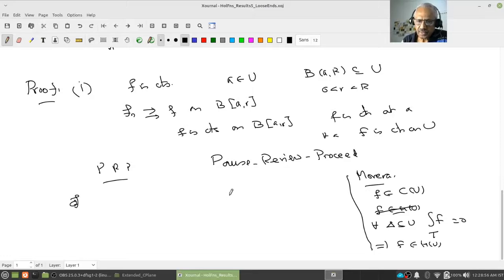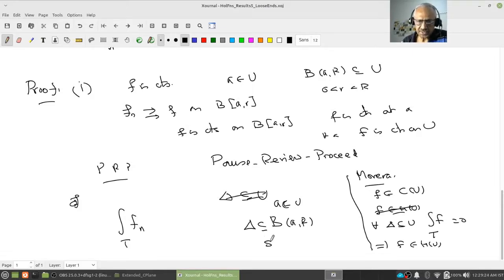Therefore, I have to start with a triangle delta contained in U and T with a boundary, right? Then what do I know of the integral of F over T? Remember, I want to show F is holomorphic on U. Therefore, for any A in U, I look at a ball B(A,R), and let's look at a delta contained in the ball.